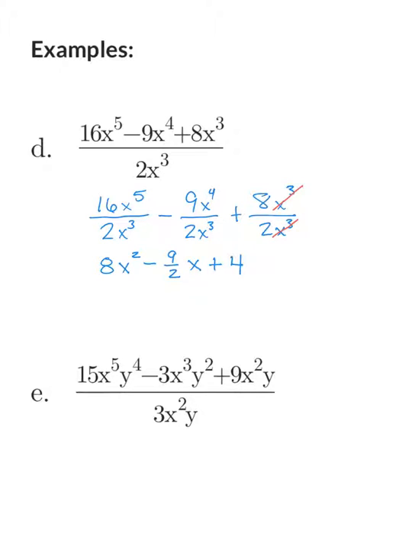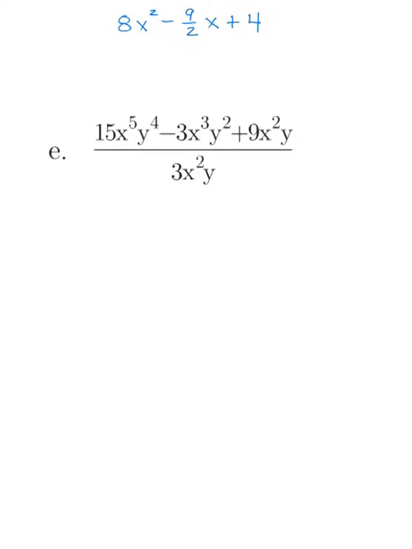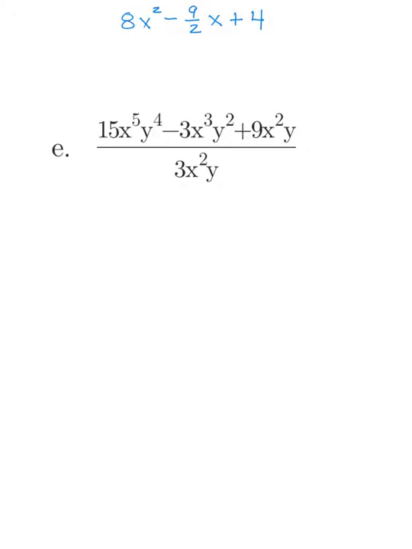Okay, so now let's go ahead and look at the last example. And we're going to do the same thing. So we're going to start by writing this as individual fractions. So I want to have each numerator, or each term in the numerator, over the denominator.